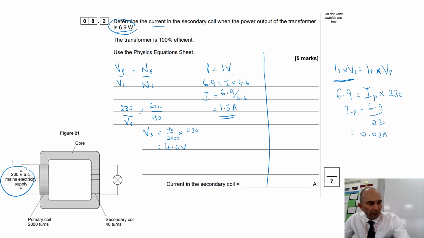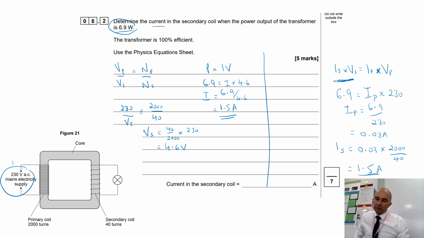Now this is where we need to again use the previous formula, and we end up with the current in the secondary coil being that multiplied by the ratio of the number of coils, and that ends up giving us 1.5 amperes as well.